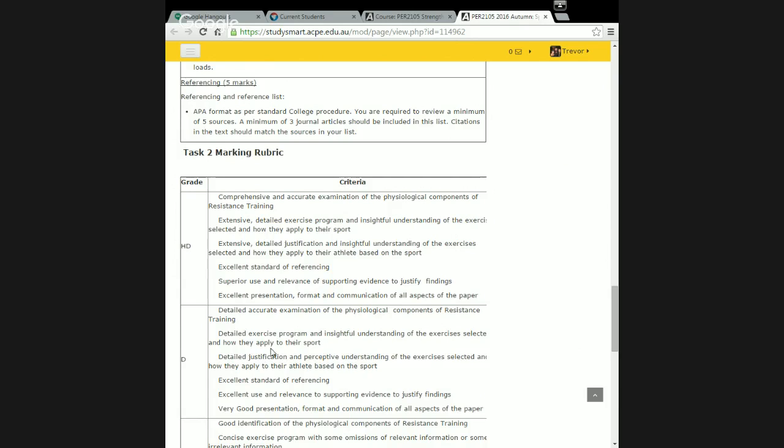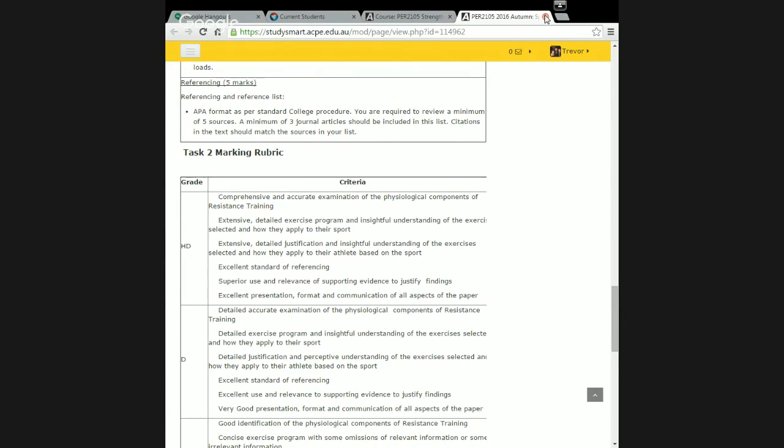But you've shown an understanding of the requirements, and the evidence is relevant, but it's not superior. It's good relevance because you looked at power athletes, but it's not superior because it's not directed at your particular case study. Okay, so that's how you need to assess what sort of mark you're going to get.